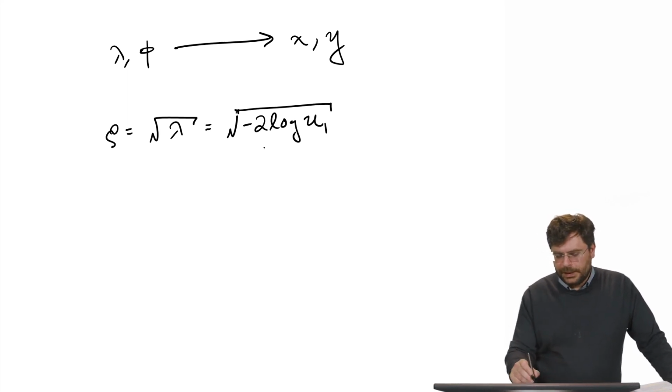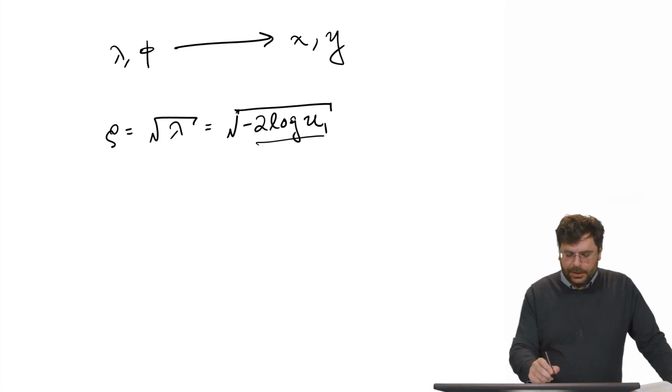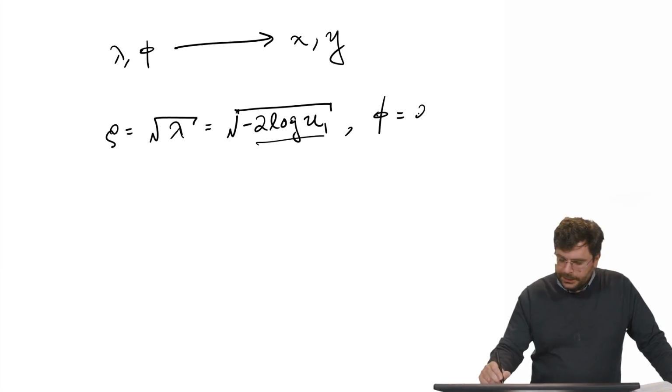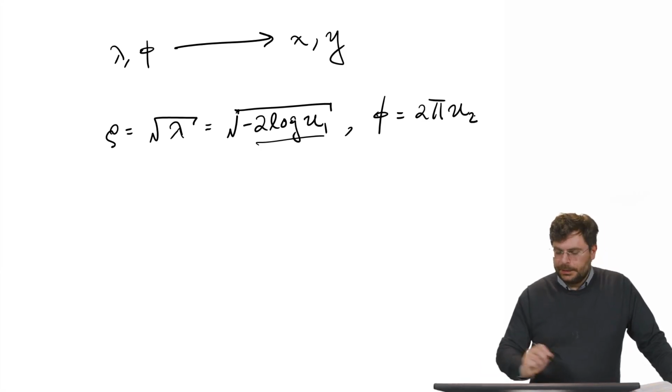This is my inverse cumulative distribution for the exponential. By the way, earlier I had defined lambda as rho squared, so rho is equal to square root of lambda, and my lambda was negative 2 log u1. My phi is equal to 2 pi times u2.